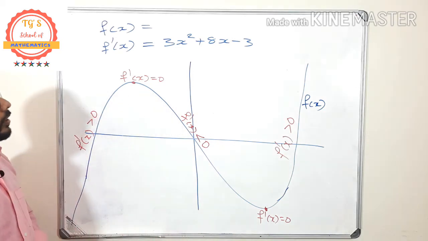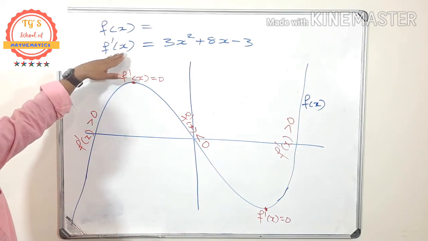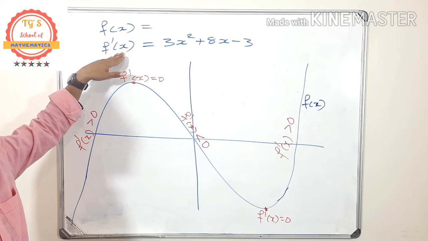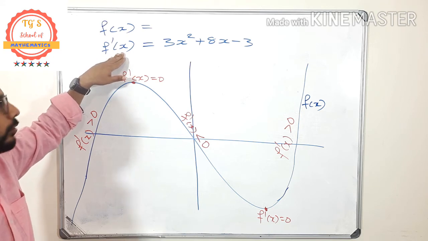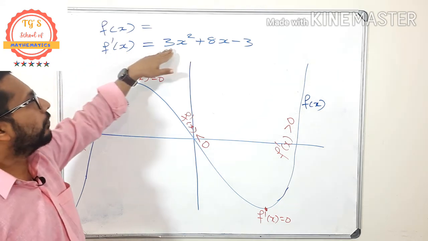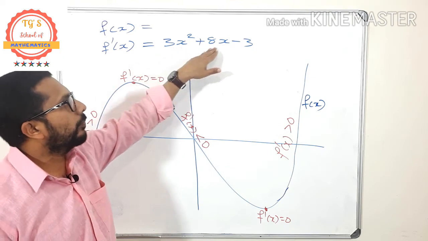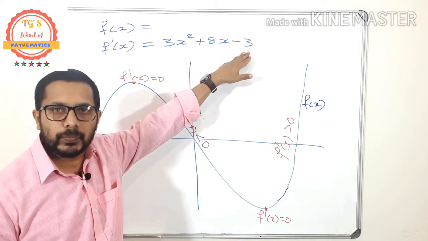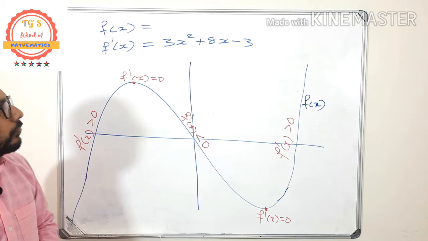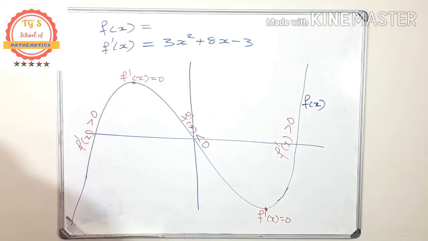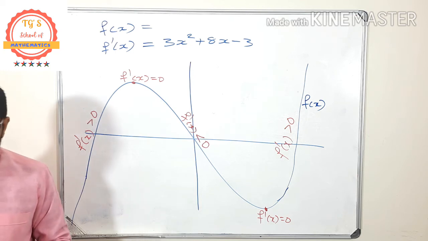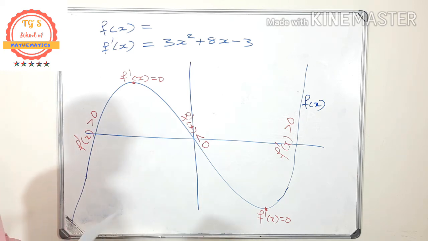Now look at the question. In this question that we are doing now, it is given that the first derivative is 3x squared plus 8x minus 3. What is the question? Look at the question once more. Calculate the x coordinate of the stationary point of f.